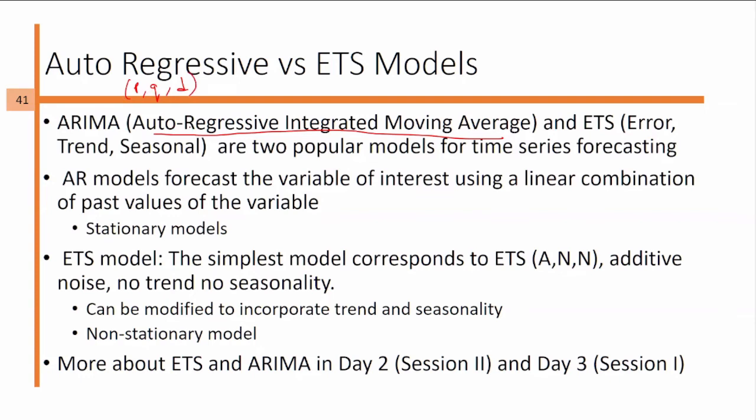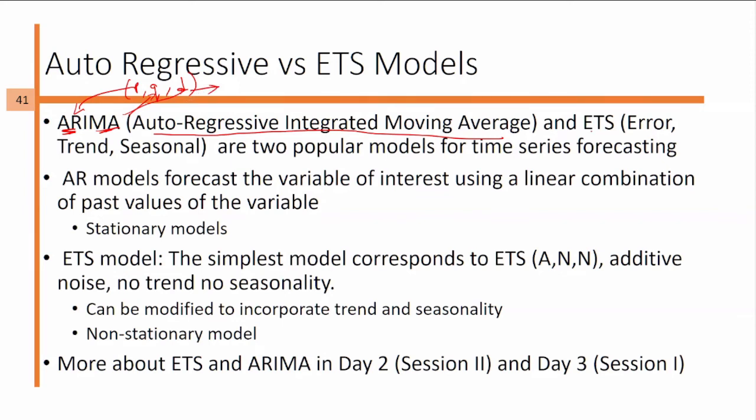Auto regression has two parts: the auto regression part and the moving average part. The P parameter is associated with auto regression: how many past values you look at. What is the moving average window? That is Q. And if the data is not stationary, then you need to differentiate. So this is the differentiation parameter.